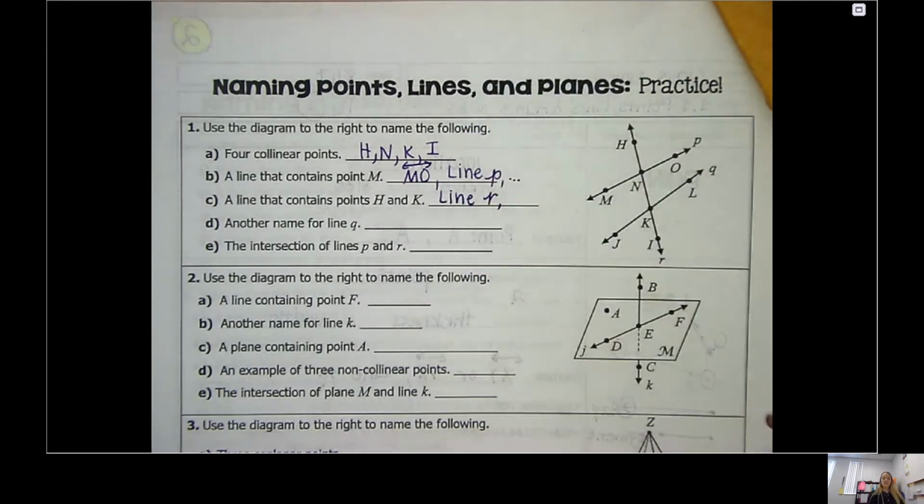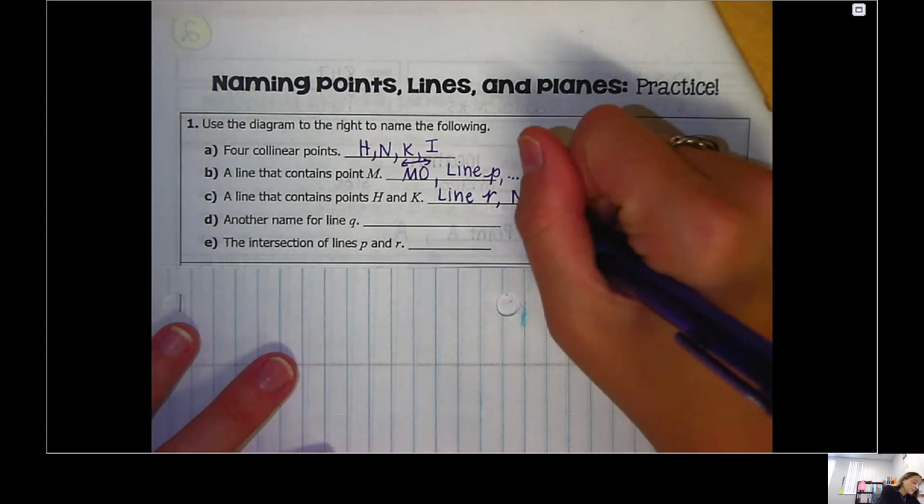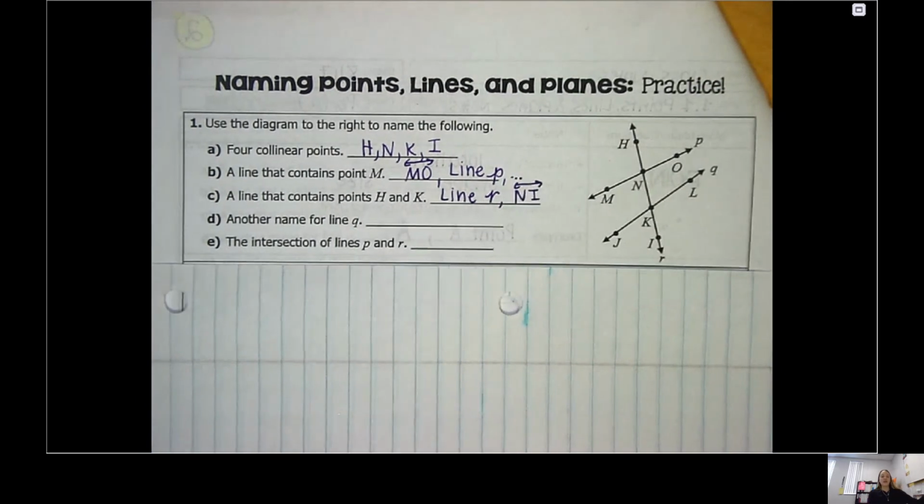Ooh, there's a choice. What's another choice? K and N. There's another choice. What's another choice? I and N. What's another choice? And I. There's a lot of choices, right? So again, you pick whichever one works, but the only thing that's important is you make sure that your symbols are right.